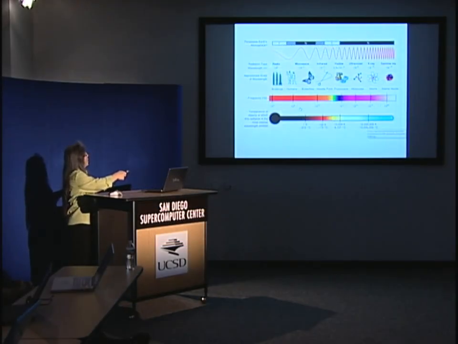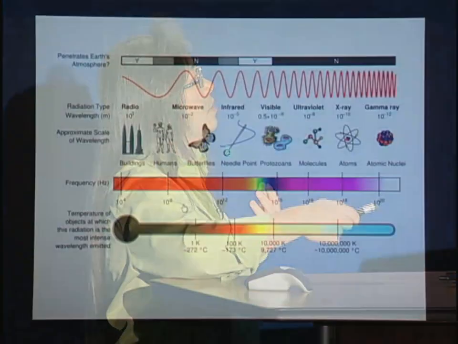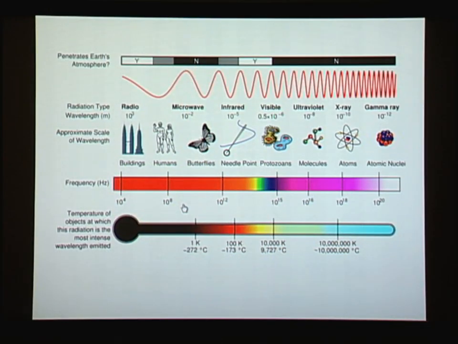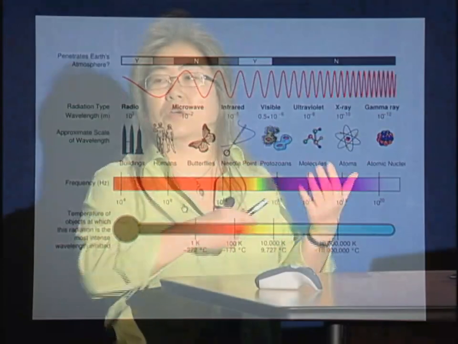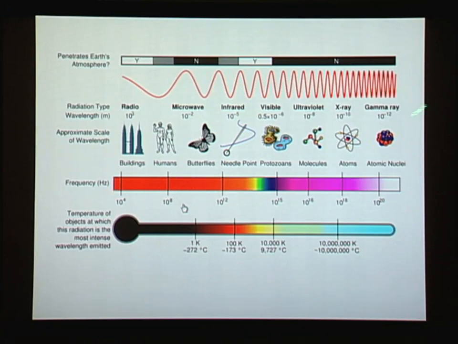For example, radio waves, AM, FM, microwave, which are sometimes called radar, infrared, the kind of energy that if it lands on us, we sense as heat, visible light, the colors of the rainbow, UV, which is the type that if you have too much of it land on you, if the ozone in the high atmosphere were not protecting us, it would give us skin cancer. X-ray, which is not a good thing if you get too much, and gamma ray, which can come from nuclear reactions, supernovas, and generally is not a good thing for human health.